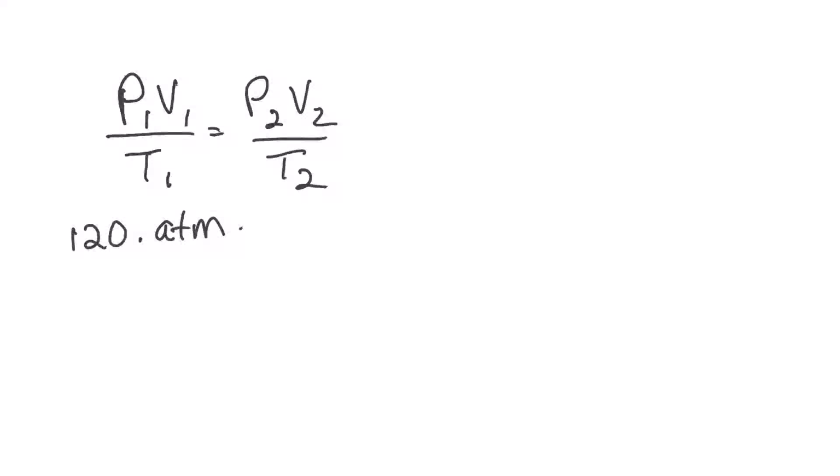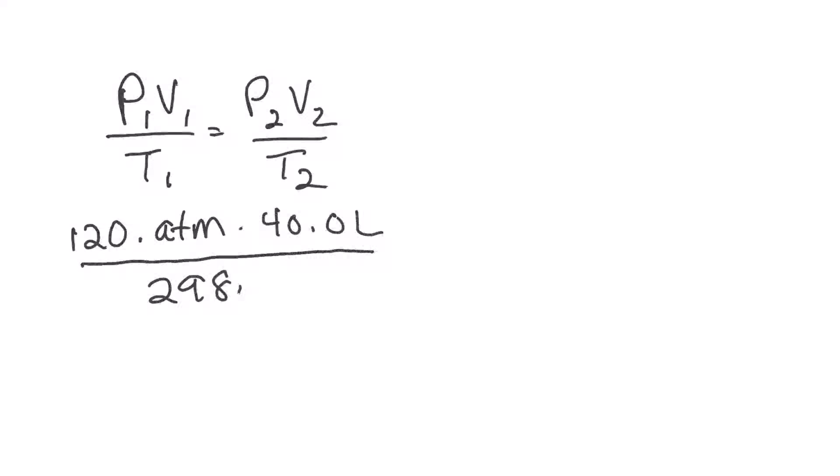That tells me there's 3 significant figures. The volume was 40.0 liters. The temperature, which we now have changed into Kelvin, is 298.15 Kelvin. The final pressure was 1 atmosphere. And notice the units are the same, atmospheres on both sides.